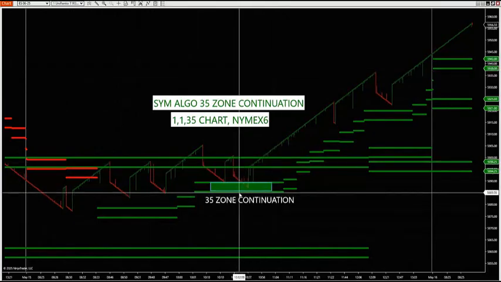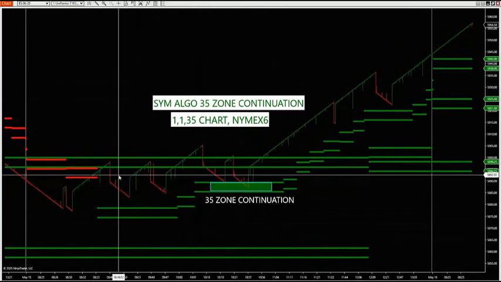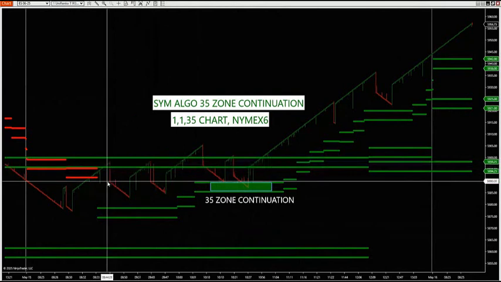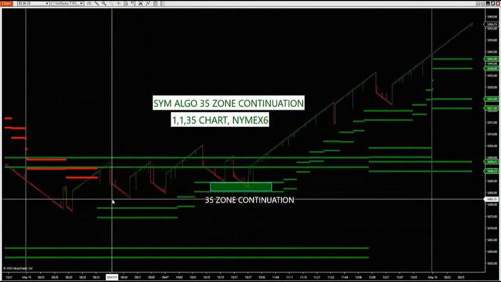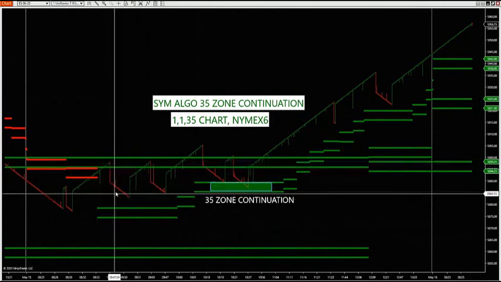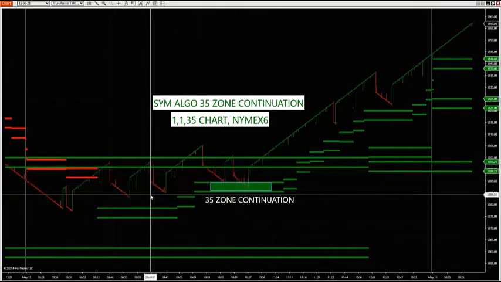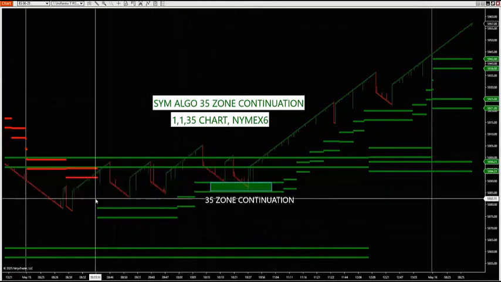Stopped right at the 35 continuation. What it did in the morning, had some nice trades. Stopped at my 100 value, almost 90, down to 82, 8 S&P, 89 down to, what was it, 84 and some change. But it was green all day.